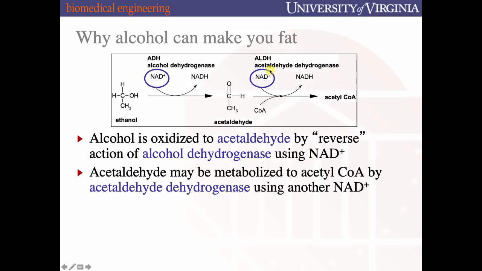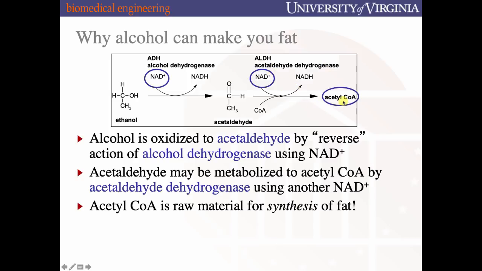We generate another reducing equivalent with the second acetaldehyde dehydrogenase to yield acetyl-CoA. And now we have an abundance of acetyl-CoA, which is at the top of the TCA cycle, or reciprocally the building block for fat storage. And so the immediacy of ethanol intake to building blocks for fat synthesis is partly the reason why you can get these rapid swings in fat storage as a result of ethanol consumption.